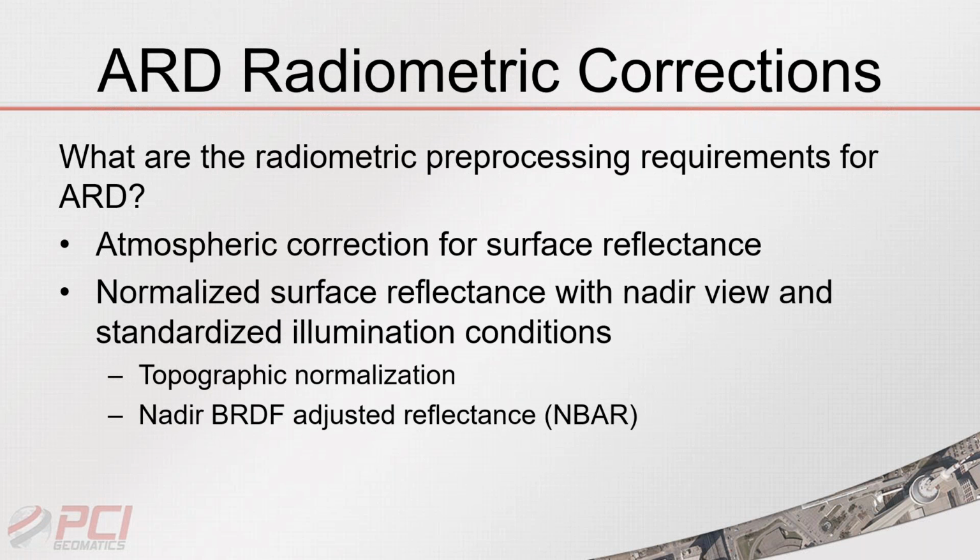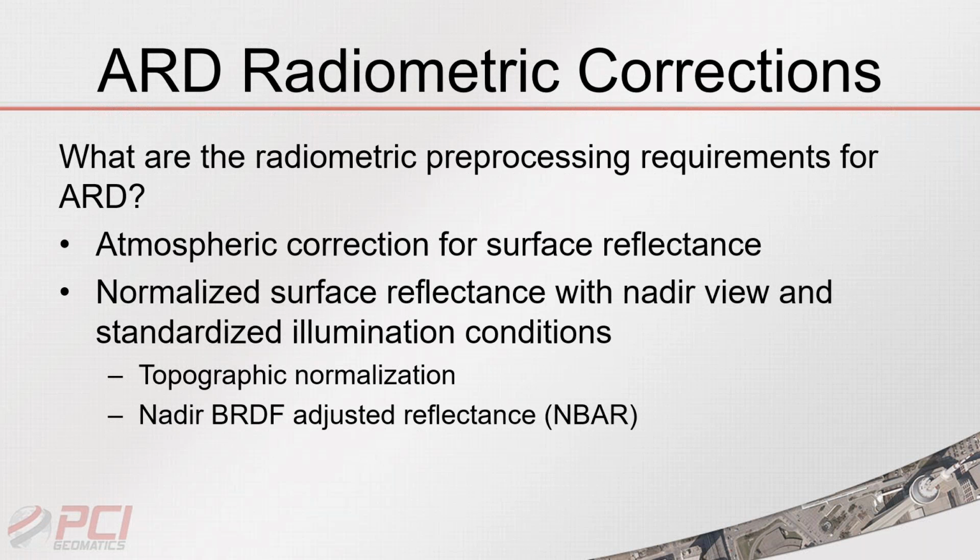We've developed some technology to allow you to do this within our software. These are some new algorithms that are coming in PCI. Solar and solar view angles is one particular algorithm that's coming.